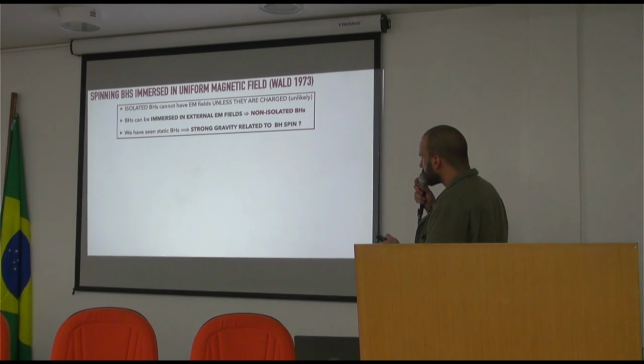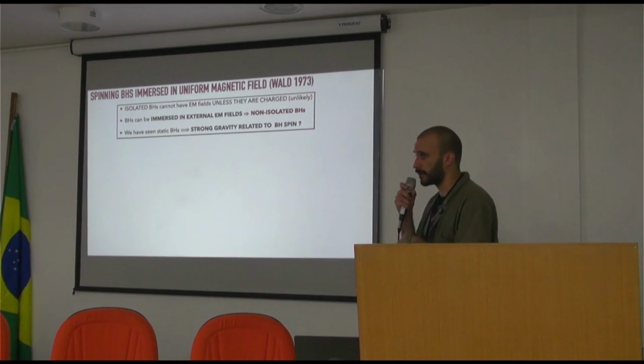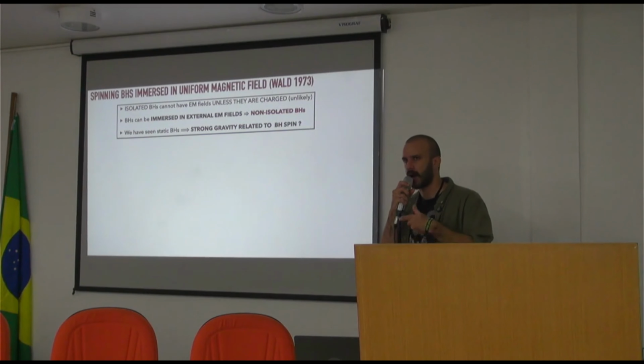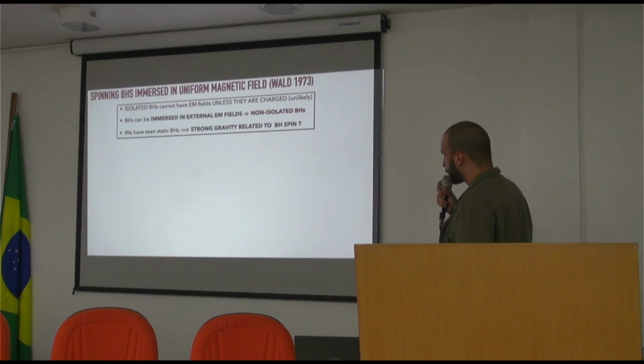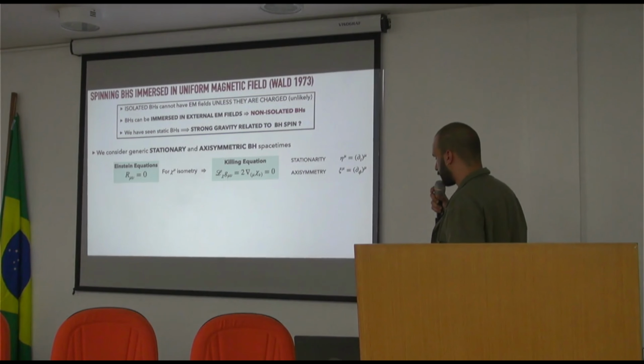So we still consider non-isolated black holes, in the sense that the black hole now is spinning, and we are interested in understanding what the effects of the black hole spin are, which is still a strong gravity property of the problem, when the black hole is immersed in an external magnetic field.